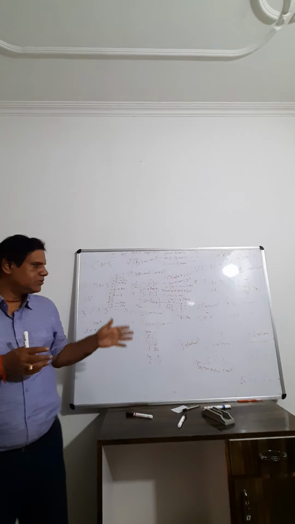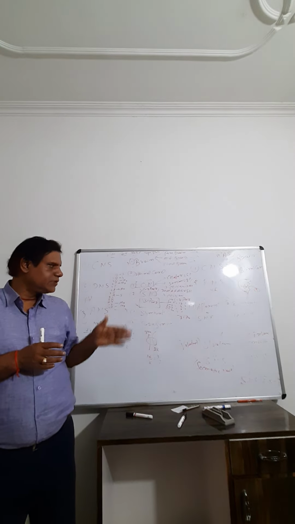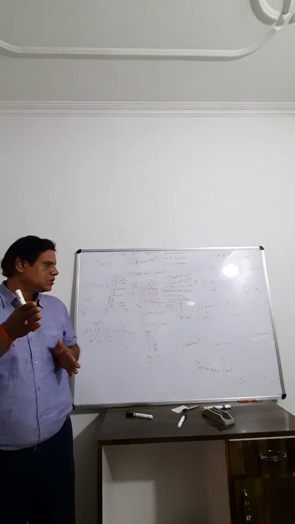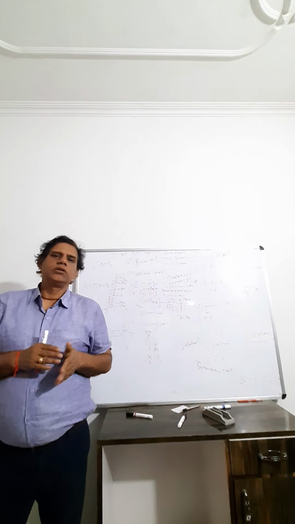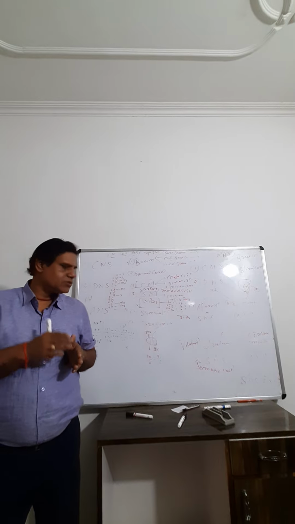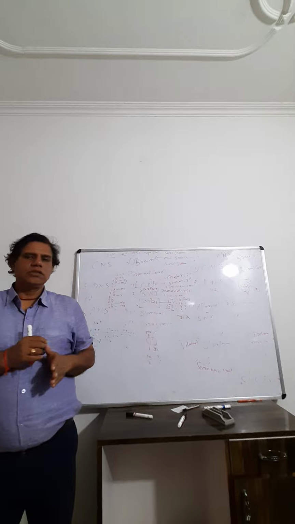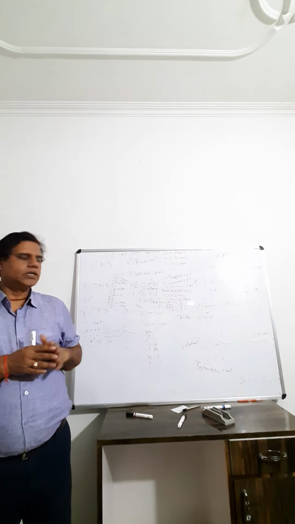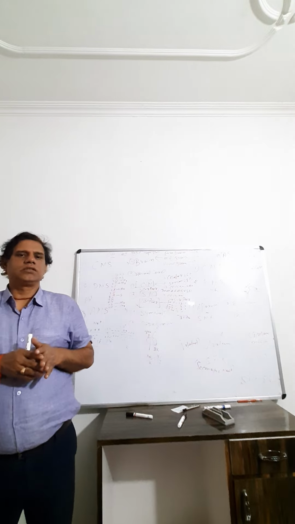And motor is again divided into two parts. If the efferent nerve fiber transmits to striated or voluntary muscle, it is called the somatic neural system. And if the efferent nerve fiber transmits to smooth or involuntary muscle, that is called the autonomic nervous system. It may be of two types, sympathetic and parasympathetic.